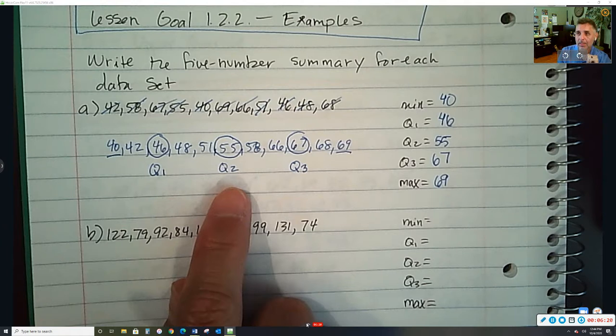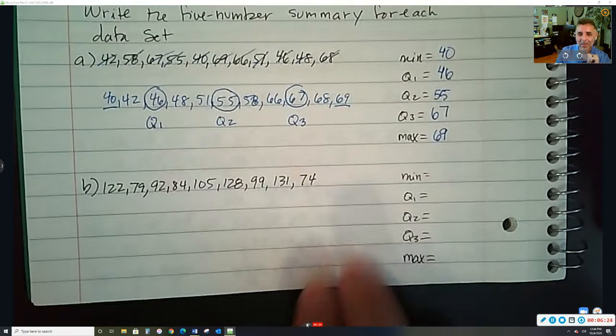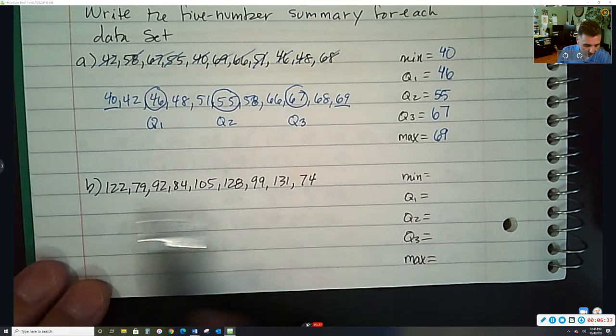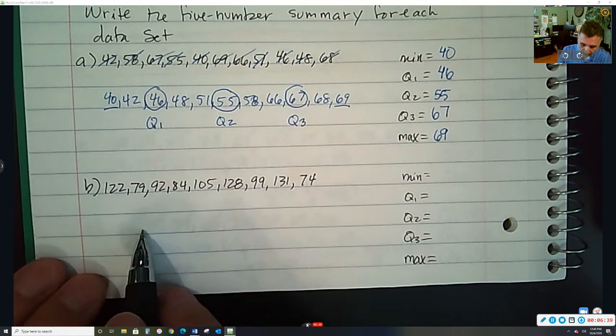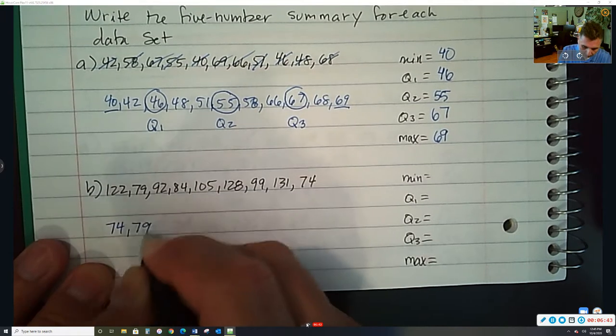This one was easy because we can pick out a middle number. Sometimes we can't pick out a middle number. We'll see that in the next list. Okay. But then we just add and divide, so that's not too bad. But let's go here and put this guy in order. Looks like 74 and 79.